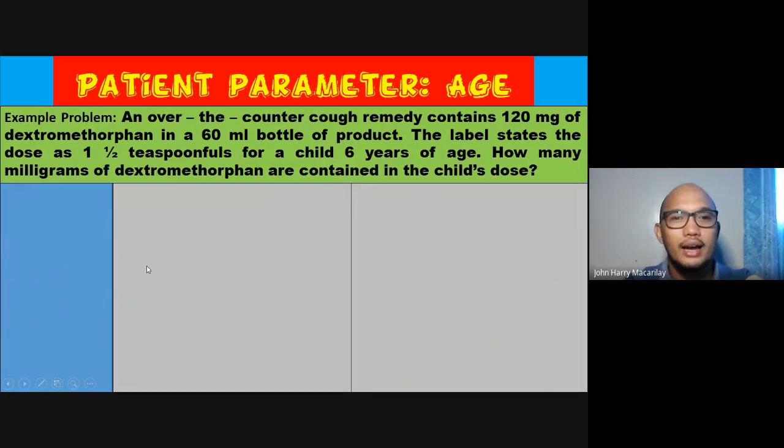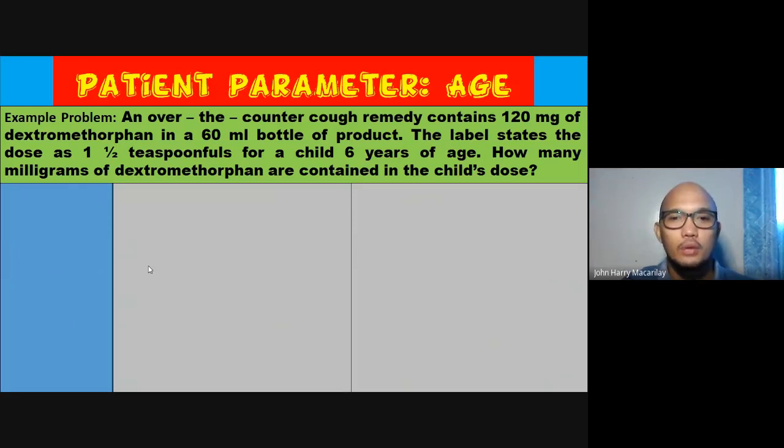Next example would be an over-the-counter cough remedy contains 120 milligram of dextromethorphan in a 60 ml bottle of product. The label states that the dose is 1 and 1/2 teaspoonfuls for a child 6 years of age. How many milligrams of dextromethorphan are contained in the child's dose?